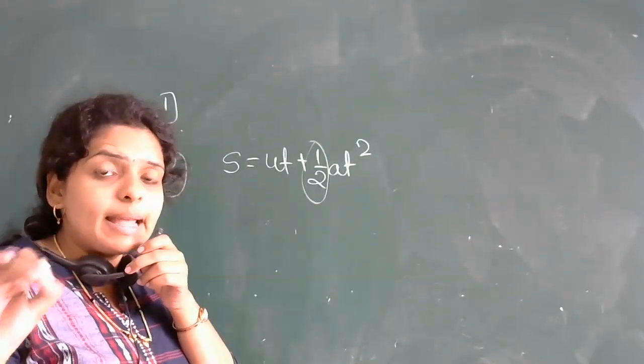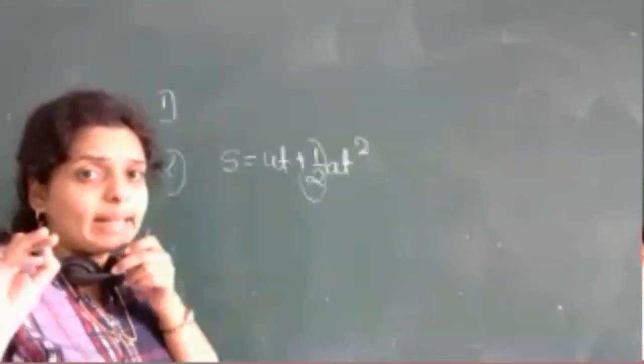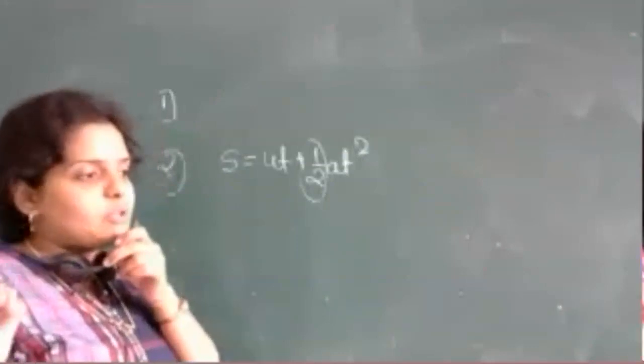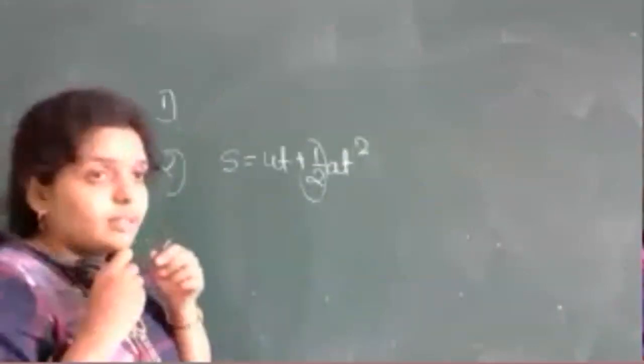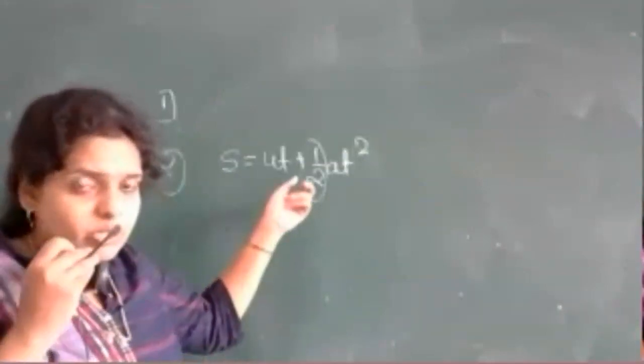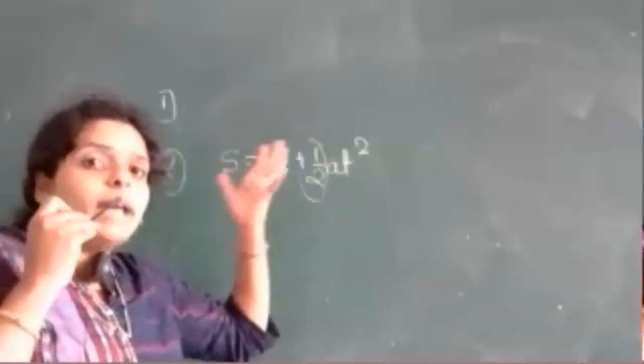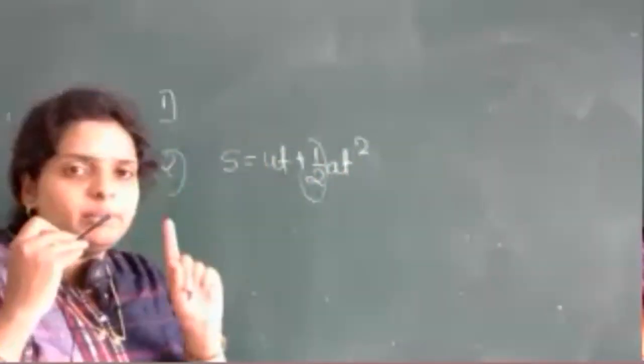This is the second limitation of dimension analysis. There are numerical values in the equation, and they don't have a dimension formula.